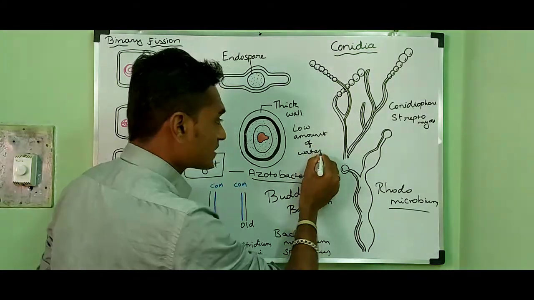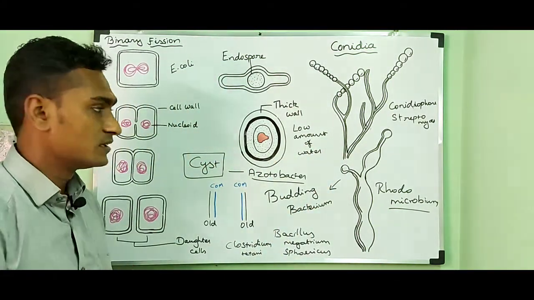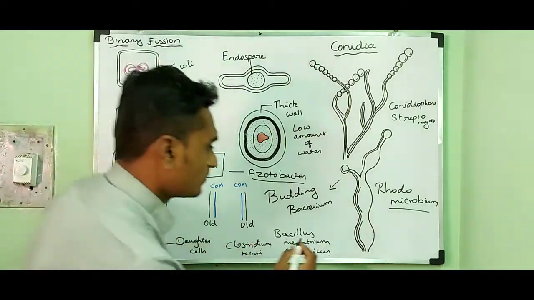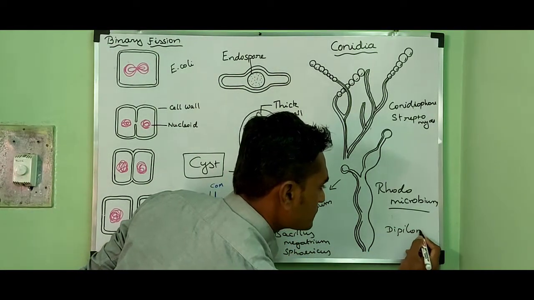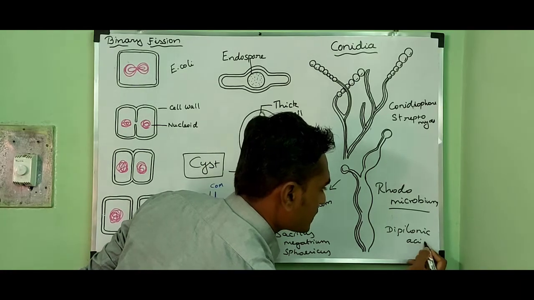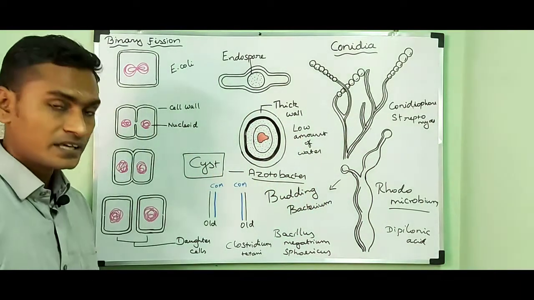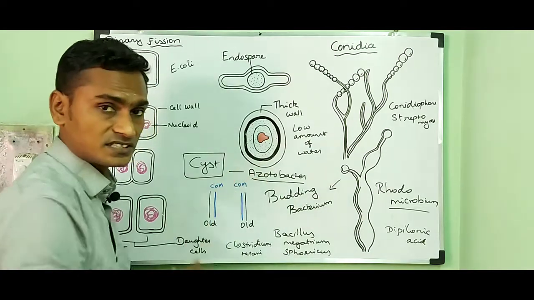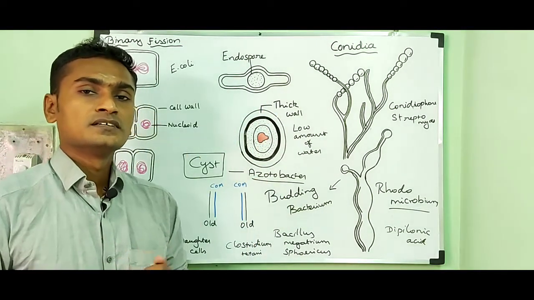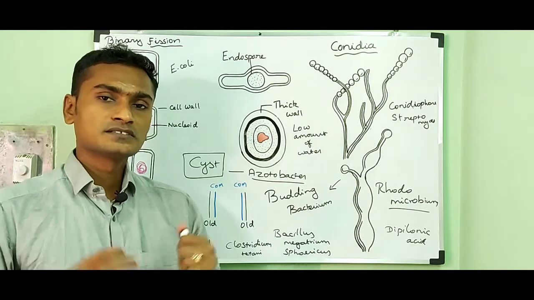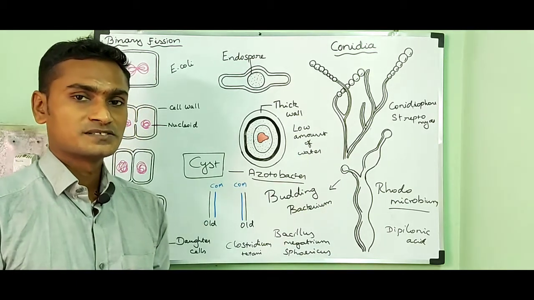Then it contains a chemical called dipicolinic acid. So these are the reasons that the endospore can withstand high temperature and toxic chemicals.